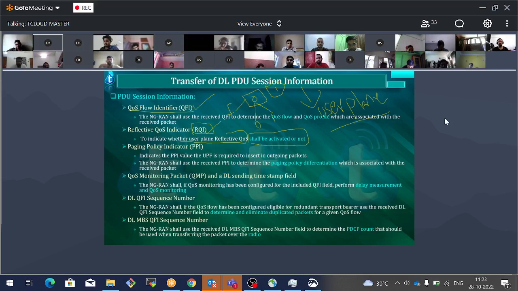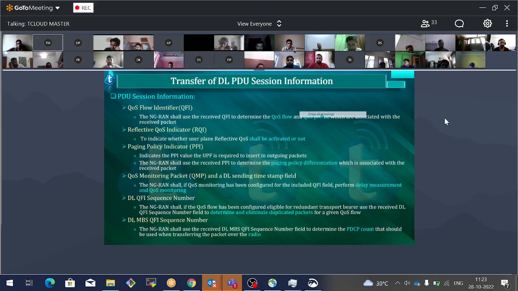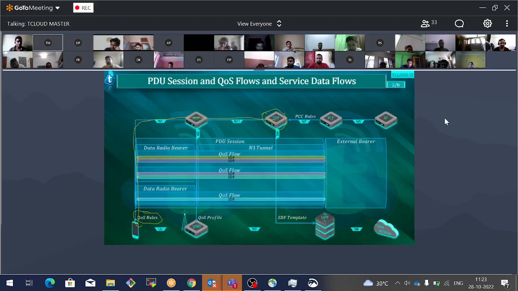Okay, normally how would the quality of service properties be sent from the network to the mobile? There are two different ways. The network, which is nothing but SMF here, can send the quality of service information to the mobile in the form of QoS rules. But whenever SMF thinks it is too much to send every quality of service detail to the mobile in the form of NAS messages, it will be too much NAS signaling. Instead, we can send the same instruction to the mobile by using the user plane also.